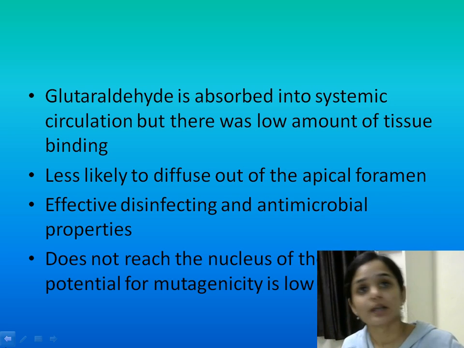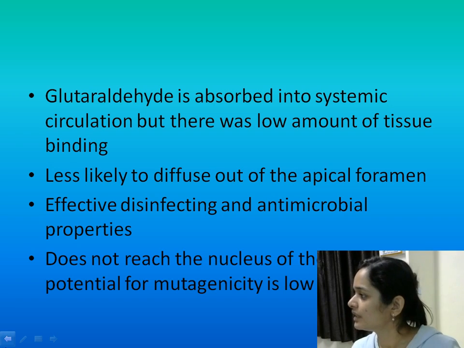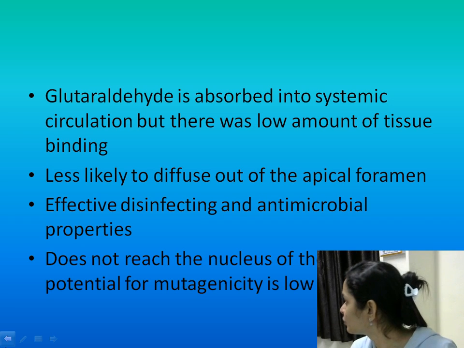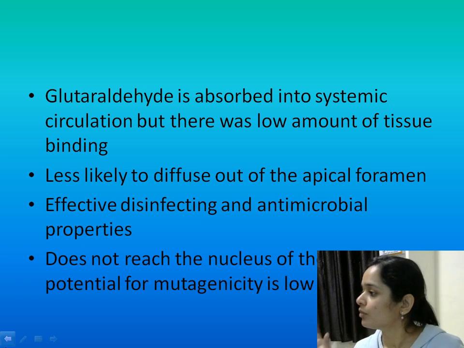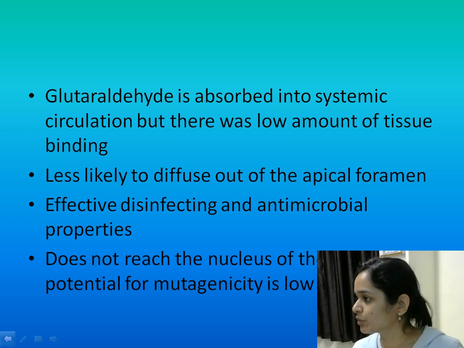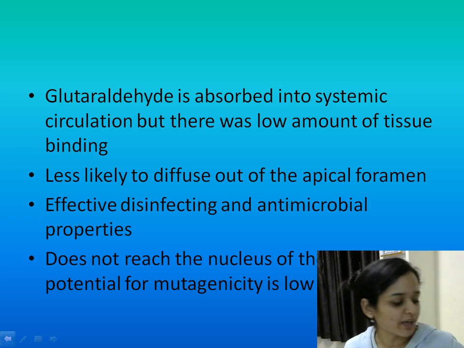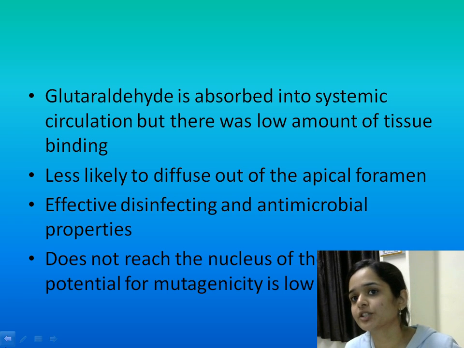Less likely to diffuse out of the apical foramen because the molecular size of glutaraldehyde is larger than that of formocresol, so the systemic absorption or the diffusion into the apical foramen is less likely.